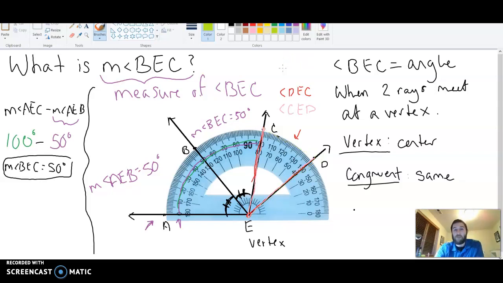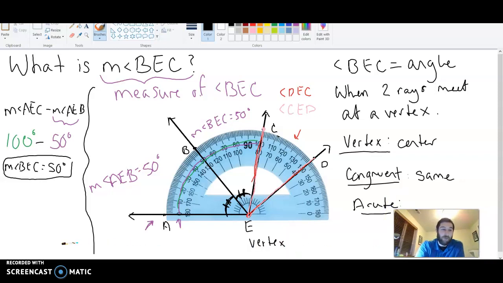Now, other than that, there's only one last thing I need to quickly debrief, and it is the difference between acute and obtuse angles. An acute angle is small. It's less than 90 degrees.